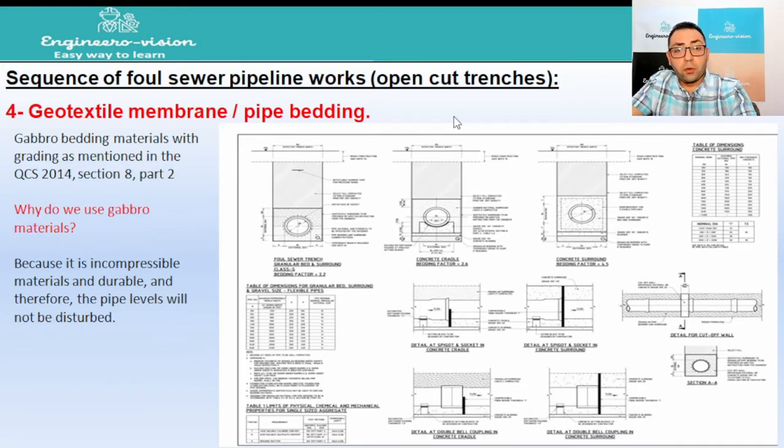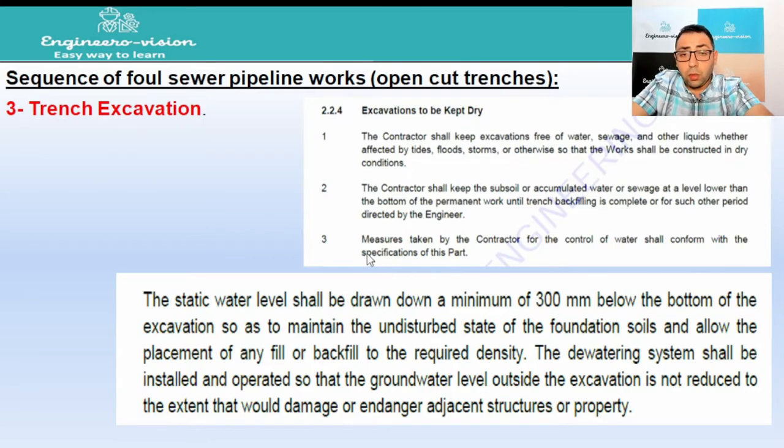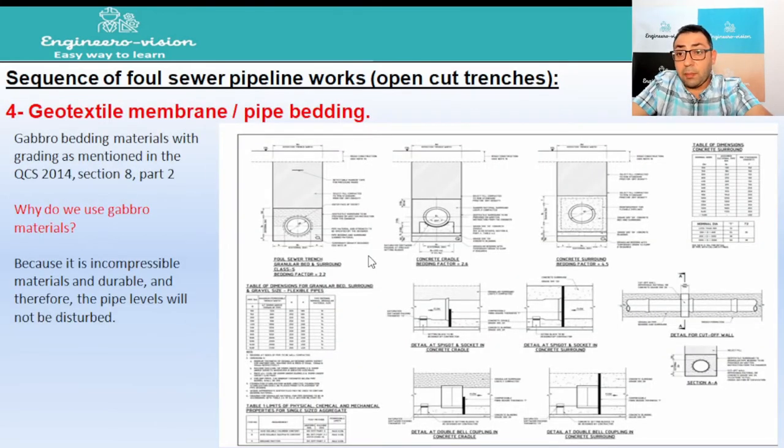Then here we'll go for geotextile membrane and pipe bedding. Geotextile membrane, we lay it as we can see here to simply act as a separator between the existing soil and the material that you are going to lay in the trench, to avoid any mixing between this material after stoppage of the dewatering system at the end of the project.